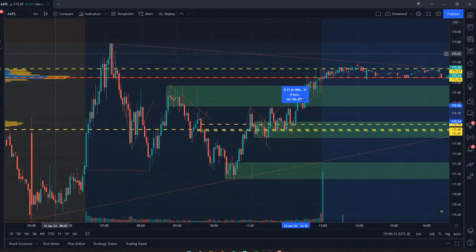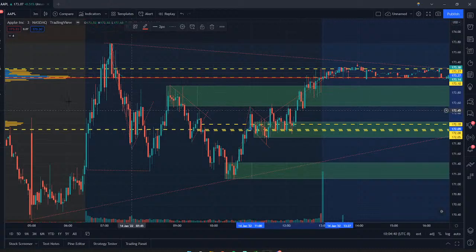Right? You guys can see that 0.18% would be right here. And if I move this, you can see we actually went above that. So you can physically measure the size of the rectangle and measure how big of a move you should see as a minimum when you break out of a rectangle consolidation.